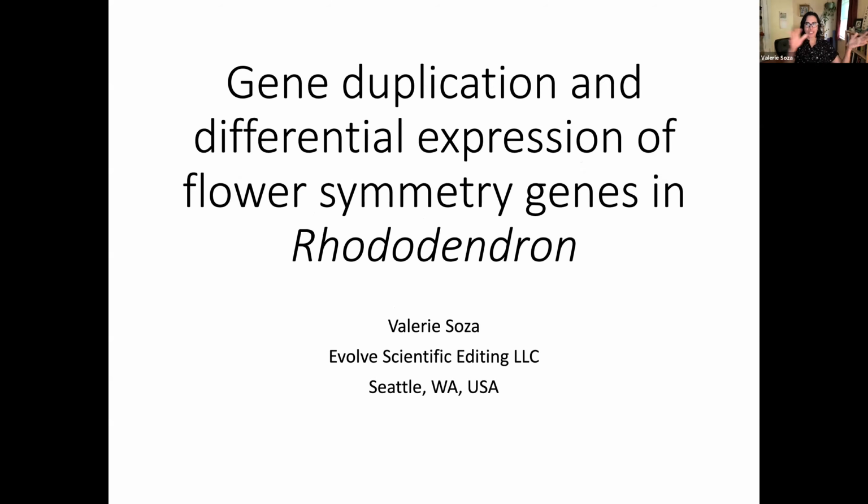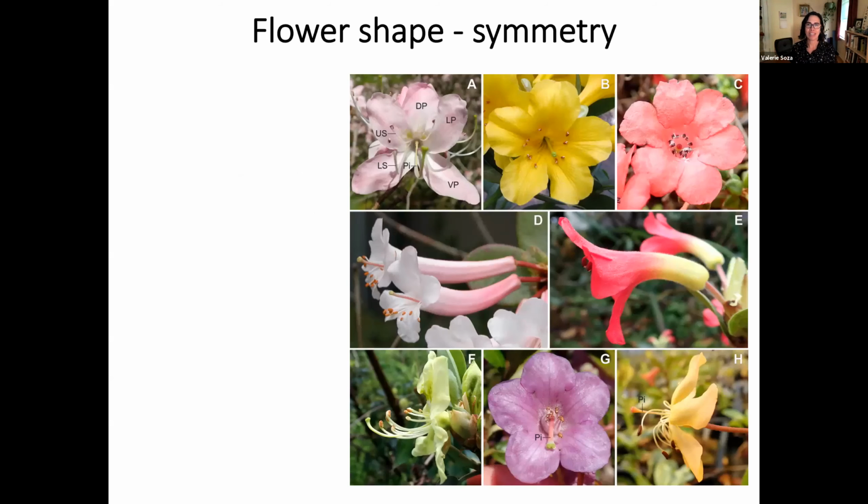So we're going to switch now from the roots up to the top of the plants to talk about flowers. And as you all know, rhododendrons also have a huge amount of variation in their floral shape, as you can see from some of these images of rhododendrons. One component of shape is the symmetry of a flower.